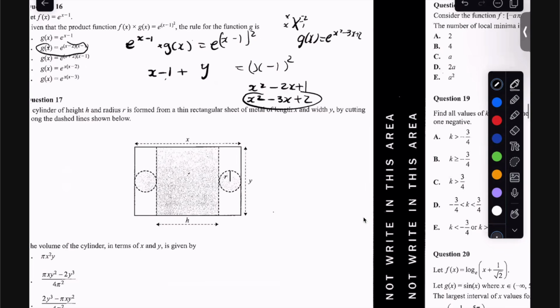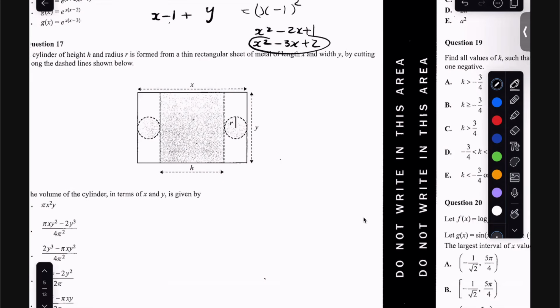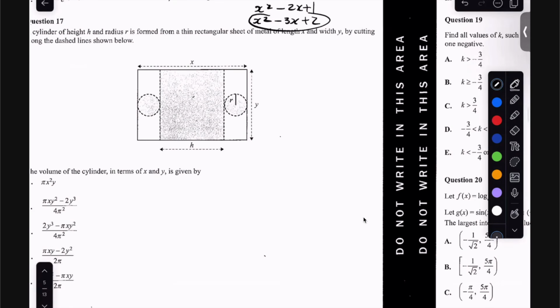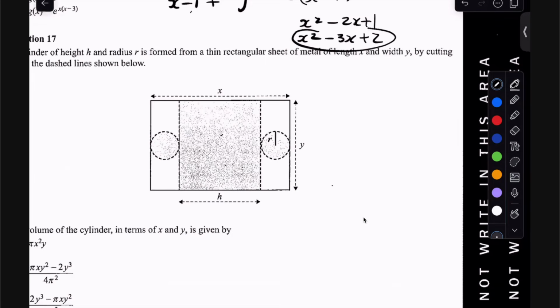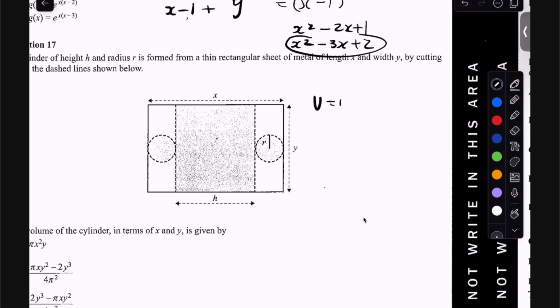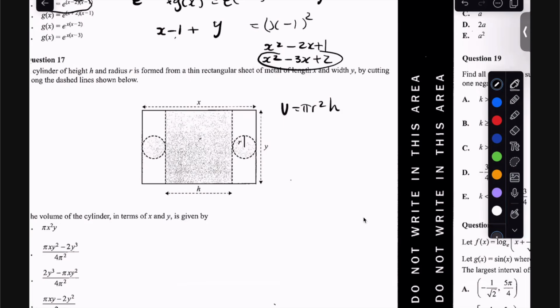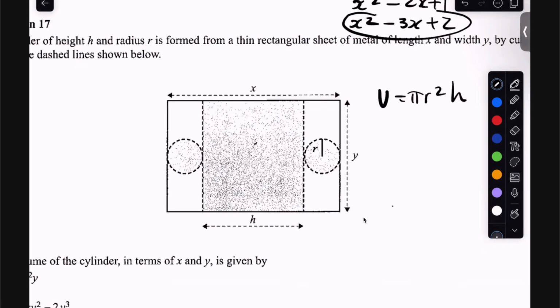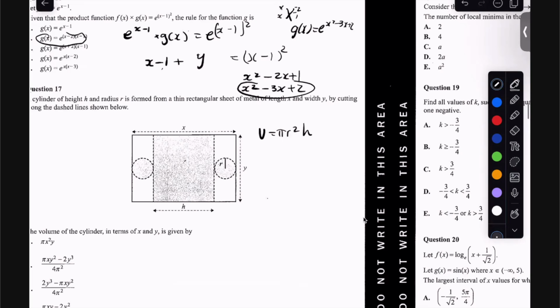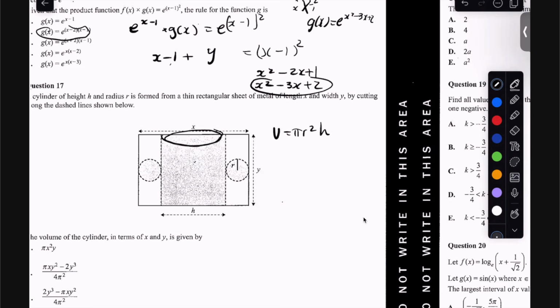Alrighty, the cylinder of height that is formed by cutting, the volume of the cylinder in terms of x is given by. So the volume of the cylinder is pi r squared h. Now, okay, so the perimeter, what does it say?